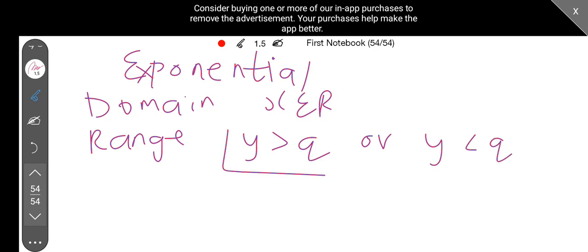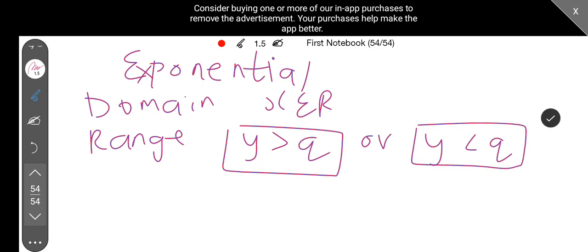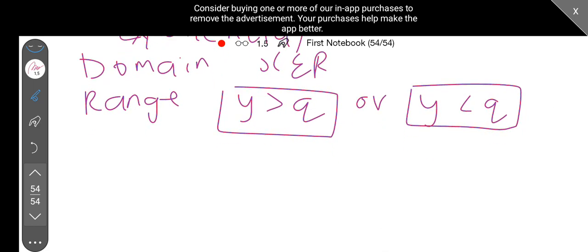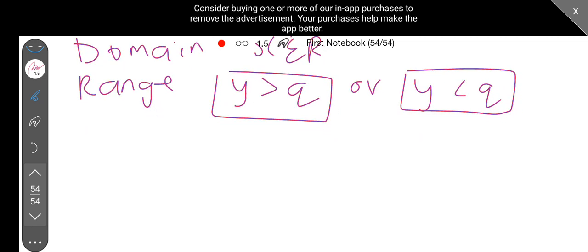I mean y is more than q or y is less than q. So the situations are like this. For y is more than q or greater than q, it's when we have such a situation.